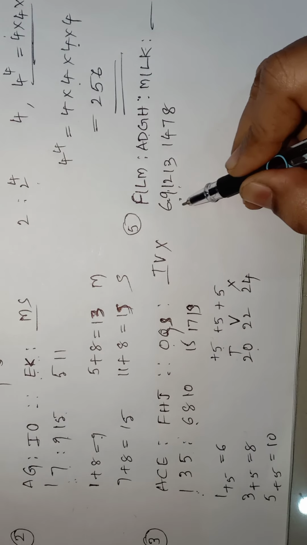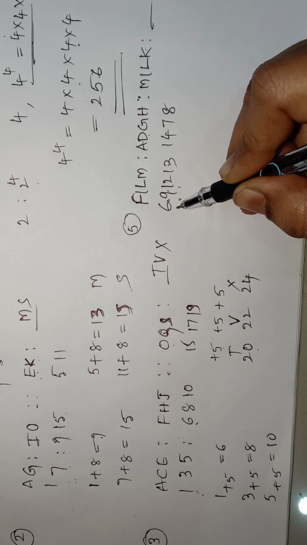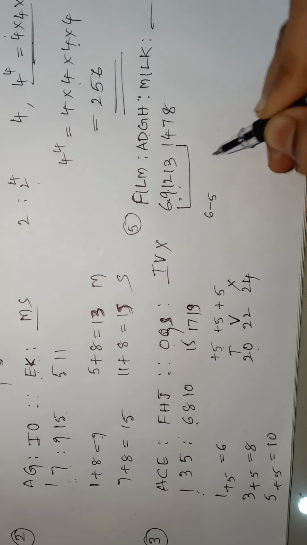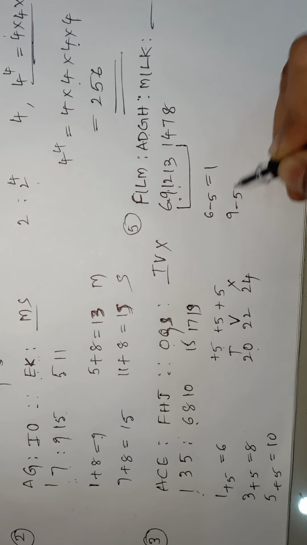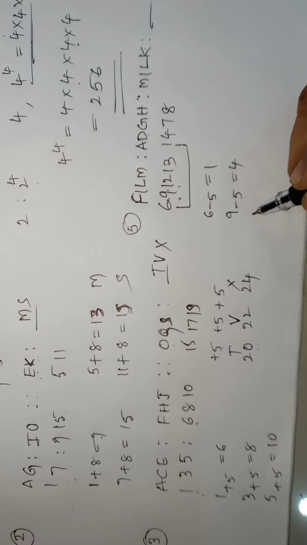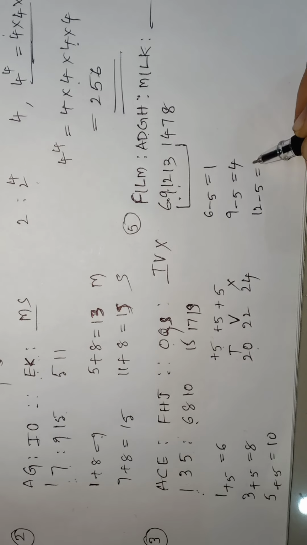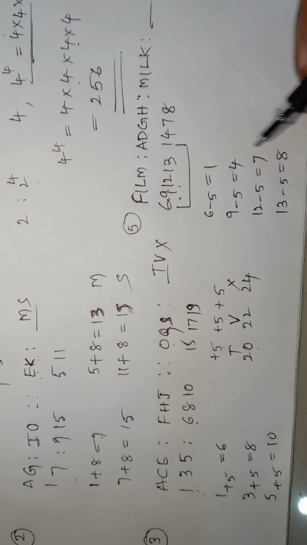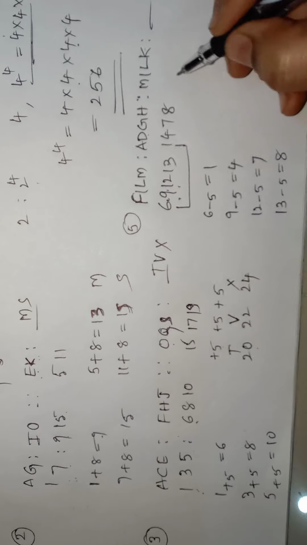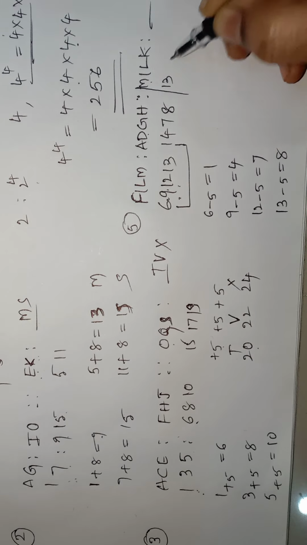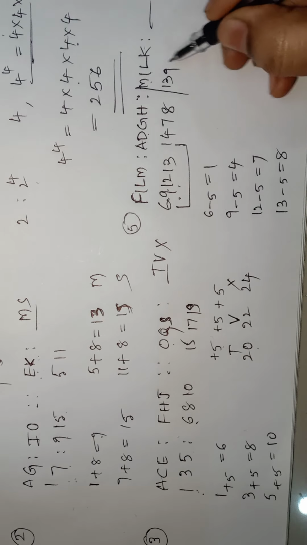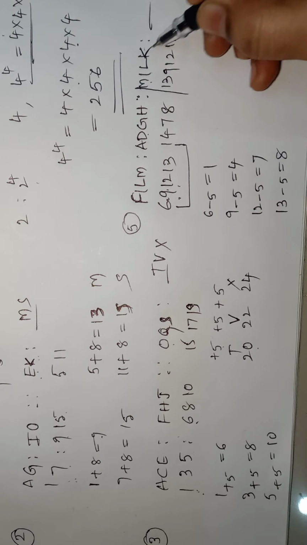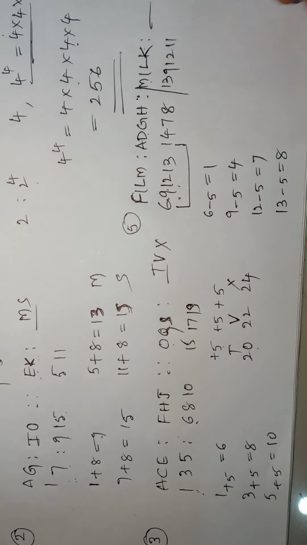Okay, observe. If we subtract 5, 6 minus 5, we get 1. 9 minus 5 is 4. 12 minus 5 is 7. 13 minus 5 is 8. So use this reason. M is 13, I is 9, L is 12, K is 11.